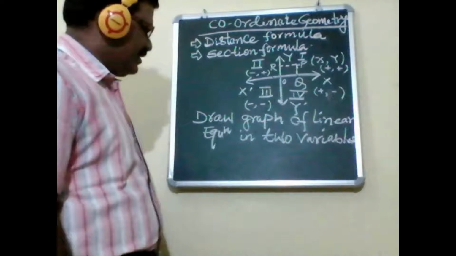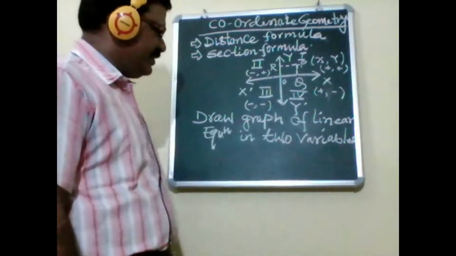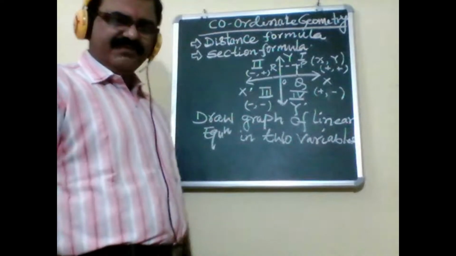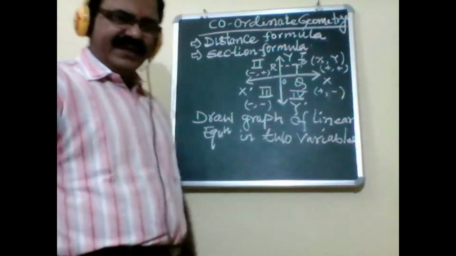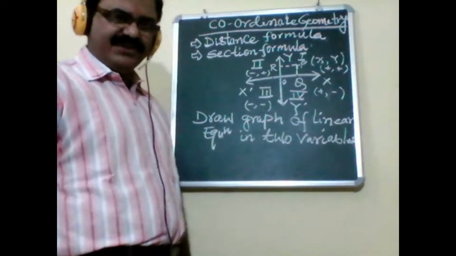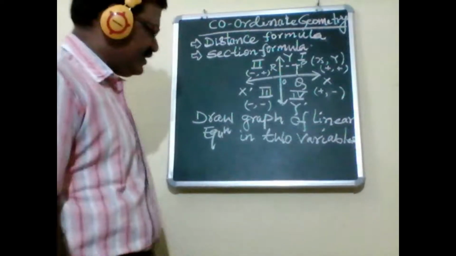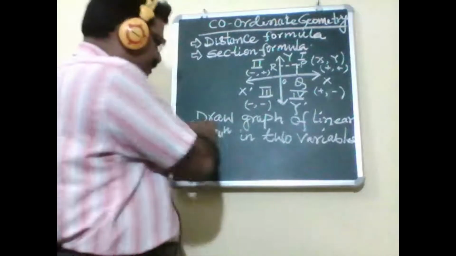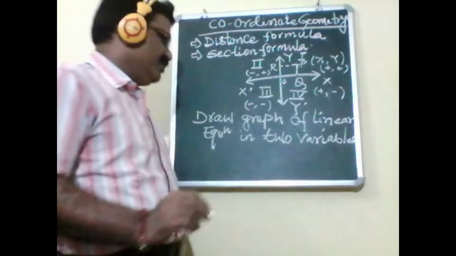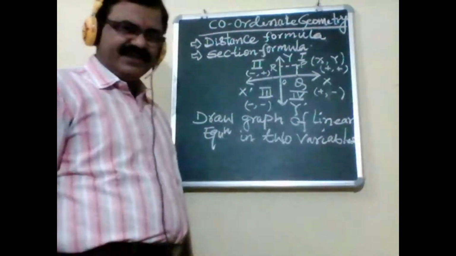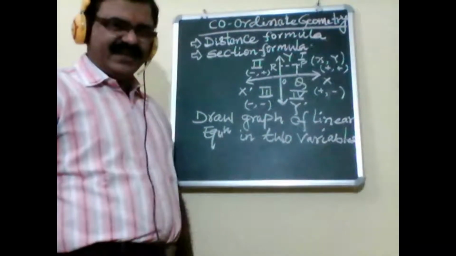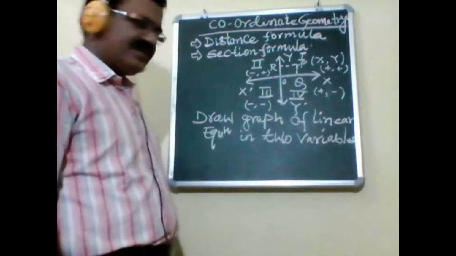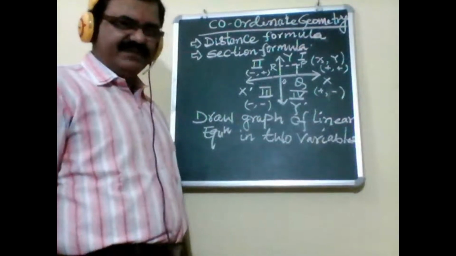We consider 2 equations, a1x plus b1y plus c1 is equal to 0, and a2x plus b2y plus c2 is equal to 0. By obtaining these 2 equations, we can draw the graph, and it will decide whether the graphs are intersecting, coincident, or parallel to each other.